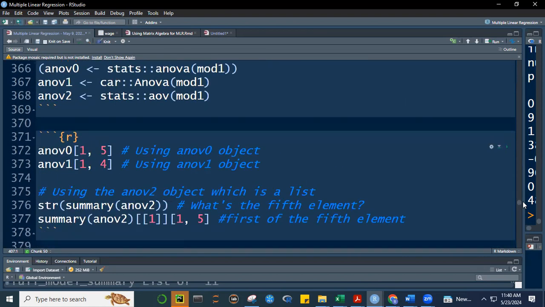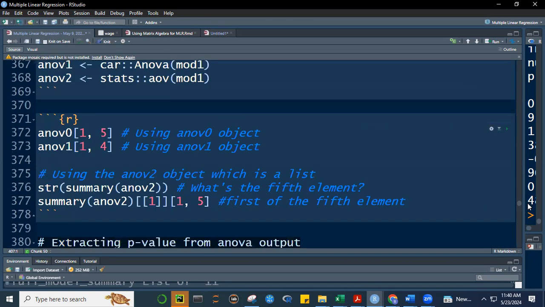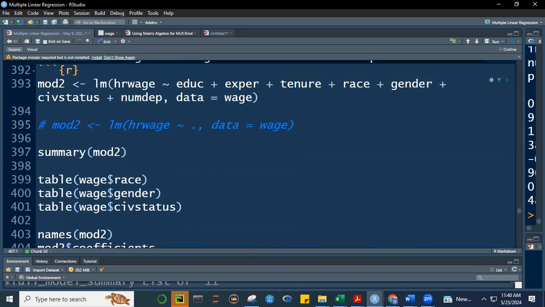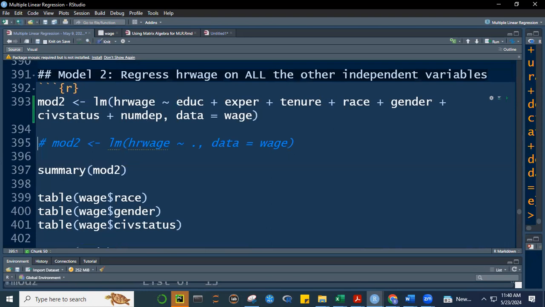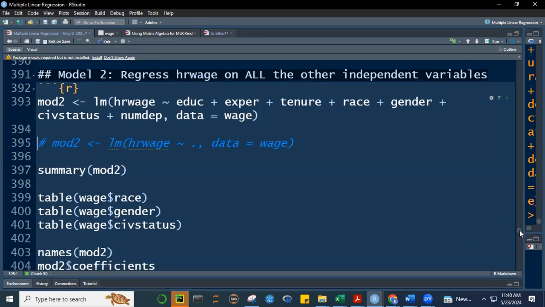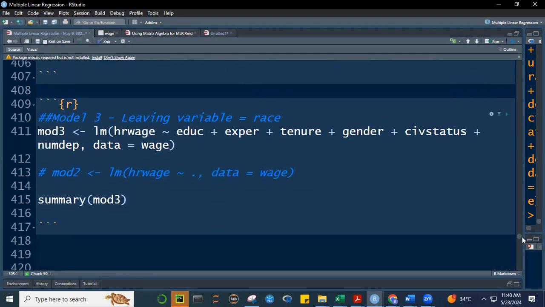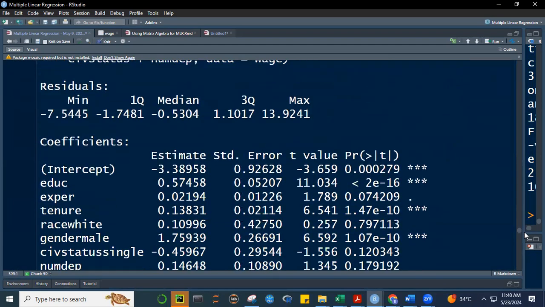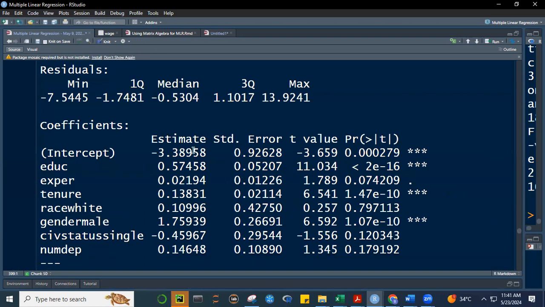I think I forgot to ask one question. Let me rerun this, class. What is the meaning of, okay, summary, what's the meaning of this intercept, class?